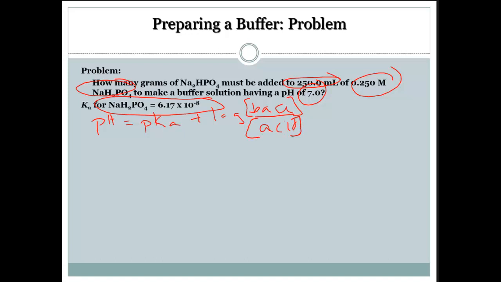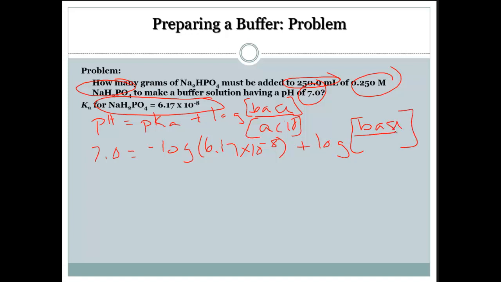The pKa would be the negative log of 6.17 times 10 to the negative 8 plus the log of the base over the acid, which they tell us the acid is 0.25. So we're really just looking for the base at the final end.